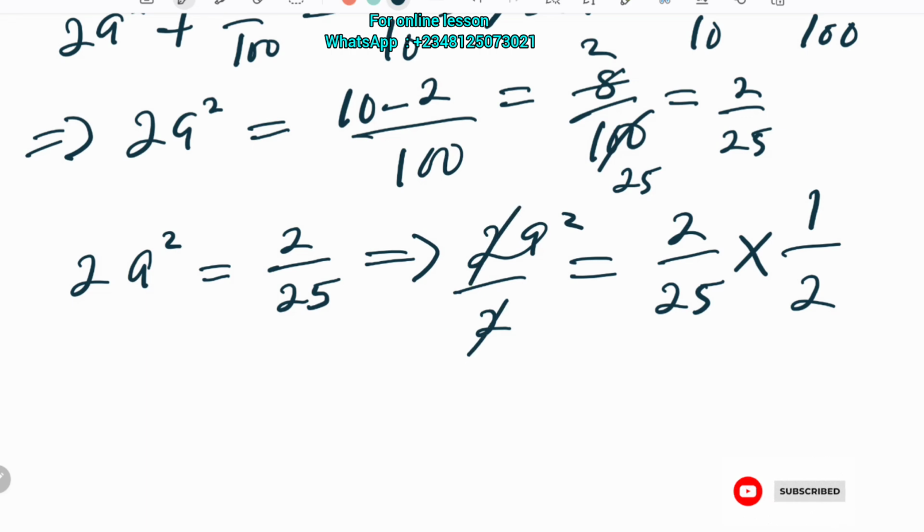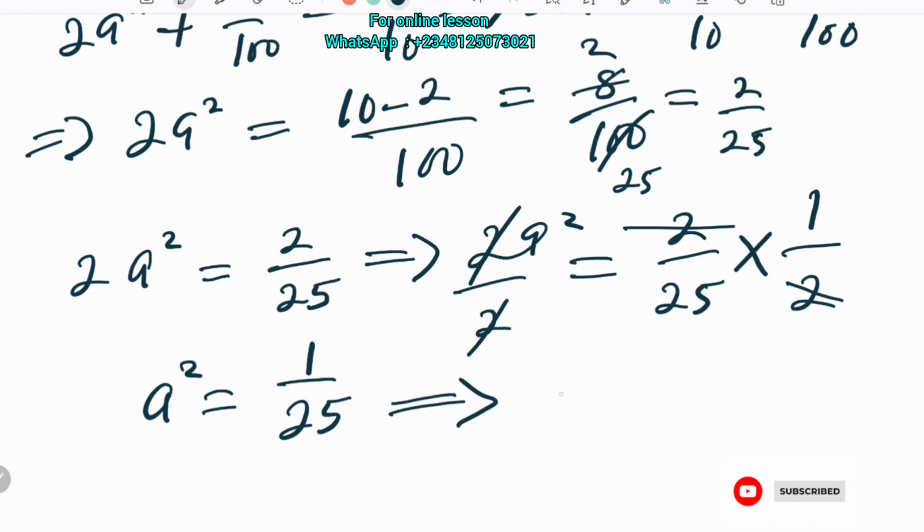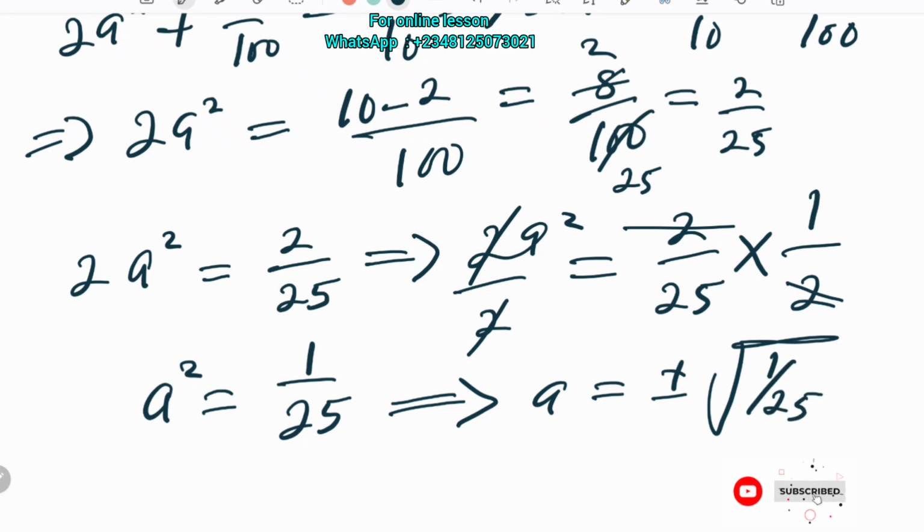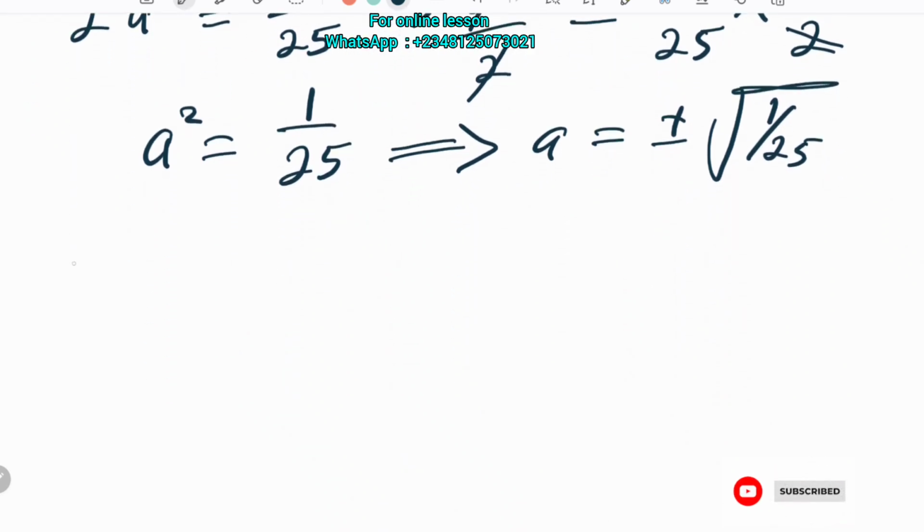This 2 cancels this 2, so that we can have a squared equal to 1 over 25. Now let's solve for a. So that a is equal to plus or minus the root of 1 over 25. So your final answer for a is equal to plus or minus 1 over 5. So that is for a.